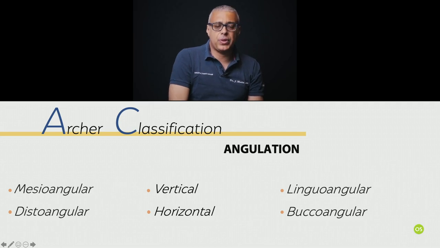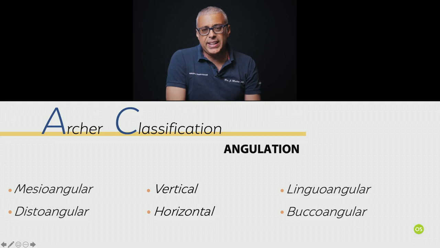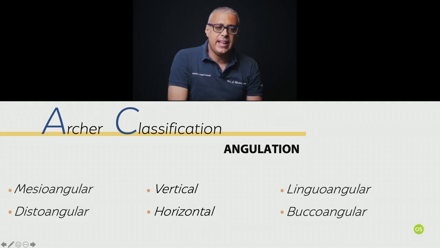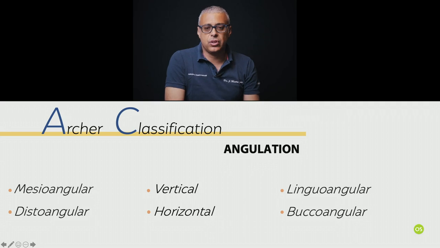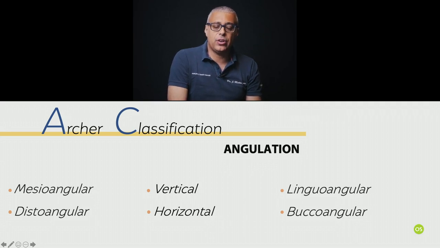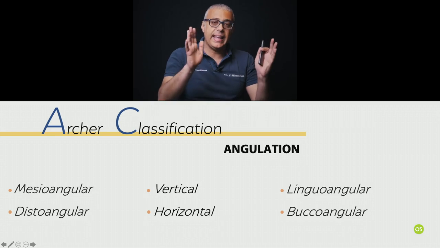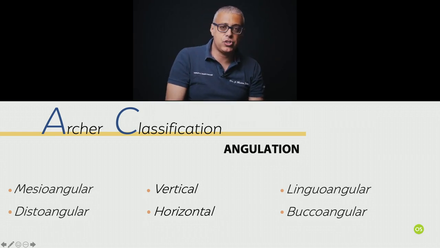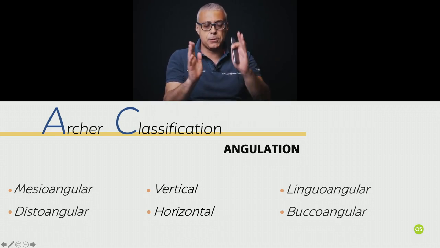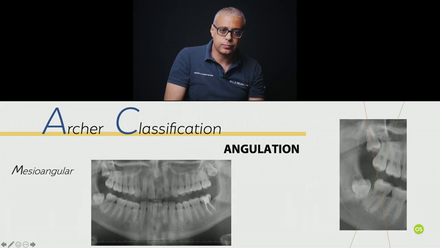Archer has described with his classification the types of angulation. We can have a mesioangular, a distoangular, a vertical, a horizontal, a linguoangular, or a buccoangular, depending on the inclination of the wisdom tooth, always with respect to the second molar.